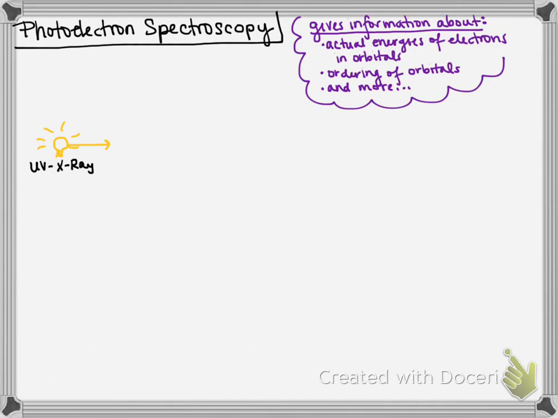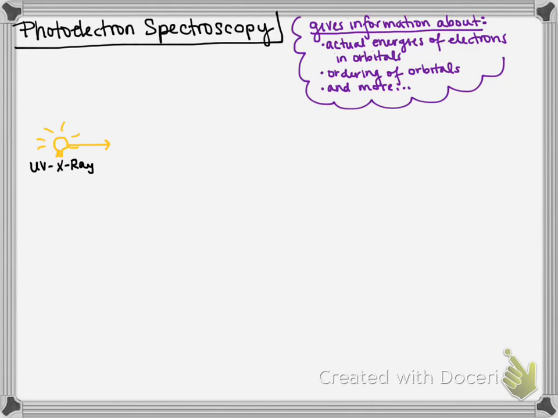So we're going to draw a really simplistic diagram. Maybe you won't think it's simplistic. We're going to try to keep it simple, with my not so awesome drawing skills, so it can't get that complicated, for how a photoelectron spectrometer works. So we start out where we have a light source, and this light source is providing either high energy ultraviolet or even X-ray light, depending on what orbitals we want to measure, right?